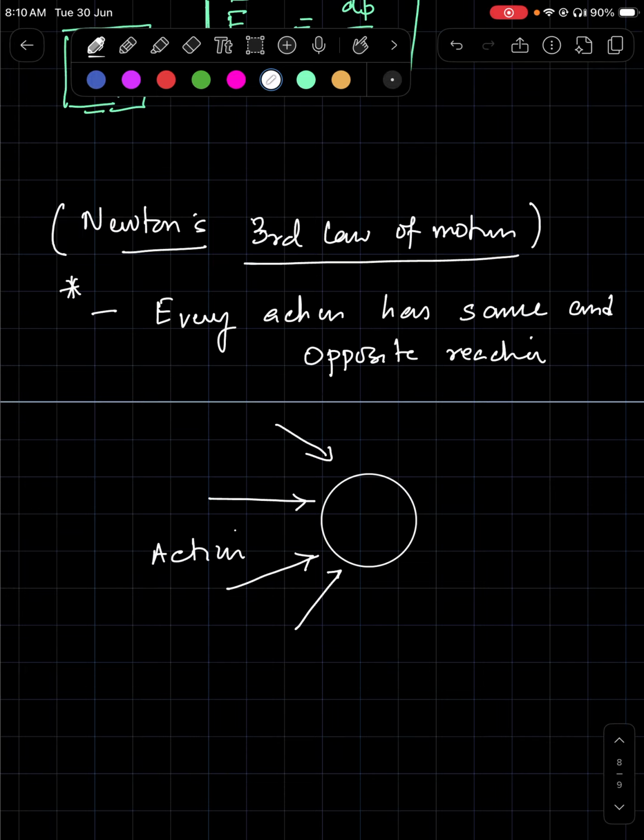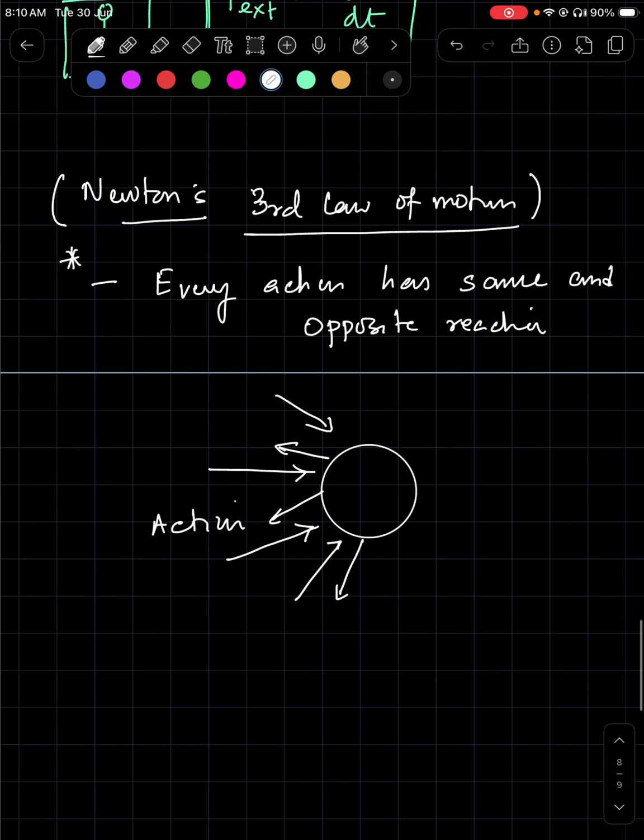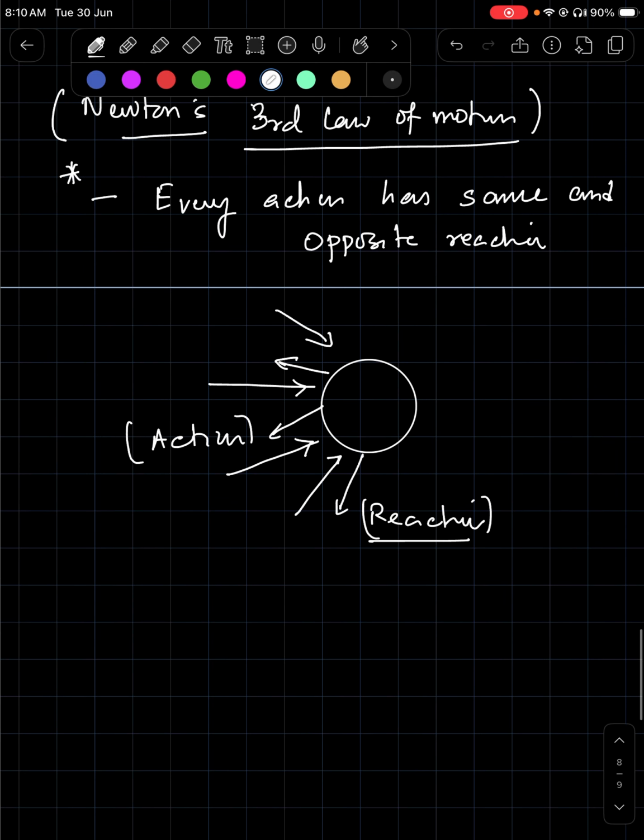The body actually gives the opposite force, right? And this is the reaction. I think everybody will agree with this, so there is no problem.